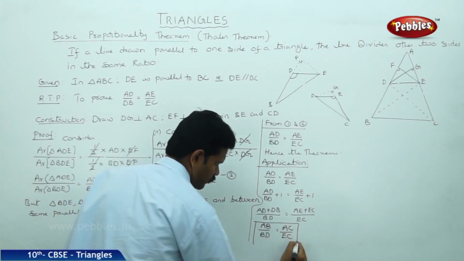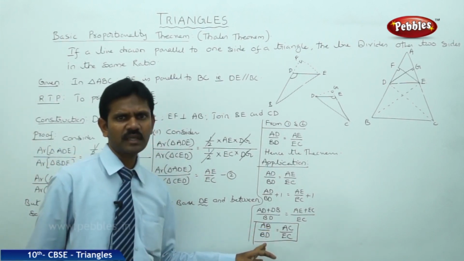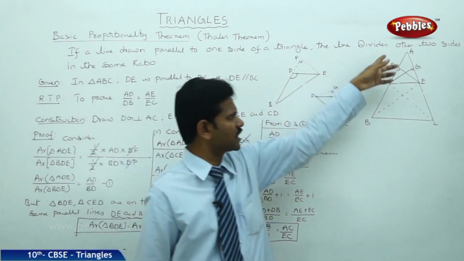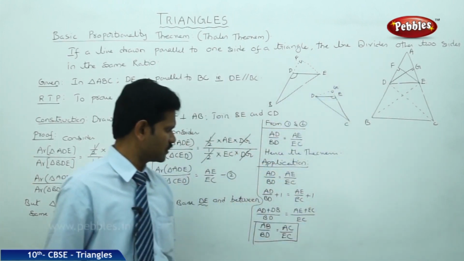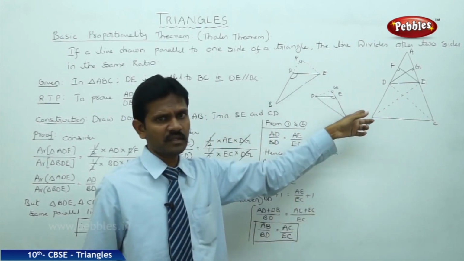What we understand from this is total by part. The total is AB and the other part is AC by EC.